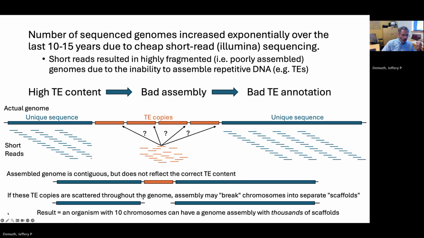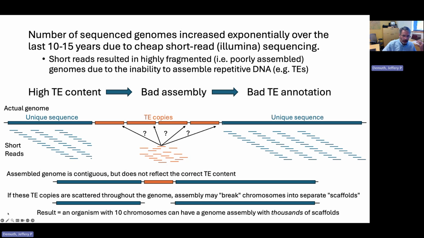But what often happened is that if those transposable elements are scattered all over the genome, the assembly just can't put it together because it gets a few reads that are hanging off the edge here. And so it looks like it belongs next to that, or this end looks like it belongs next to that.